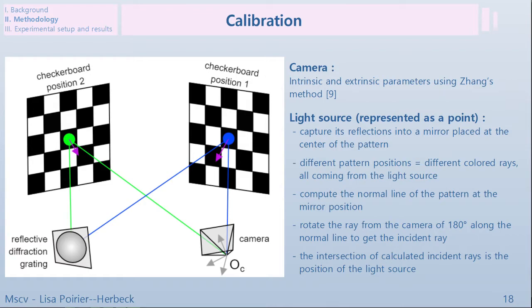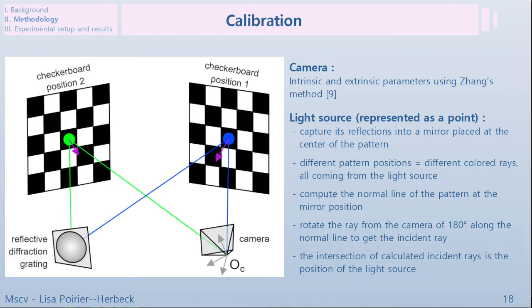Now let's talk about the calibration. First, we get the intrinsic and extrinsic parameters of the camera using the famous Zhang's method. Then, to get the position of the light source, which is here represented as a point, we capture its reflection in a mirror placed at the center of the checkerboard pattern. Then, we move this pattern into different positions to get different color rays all coming from the light source.